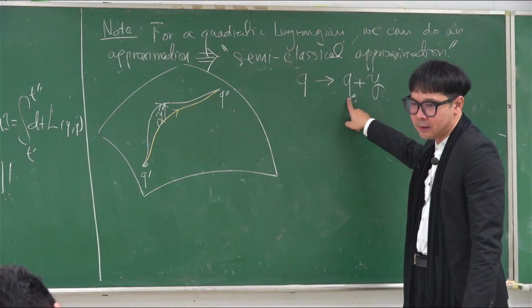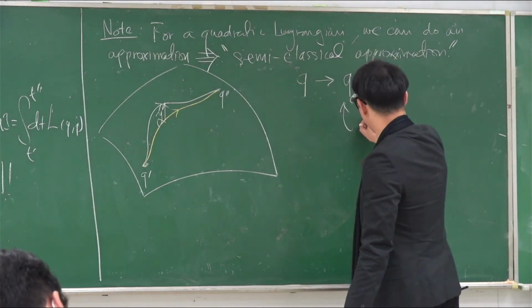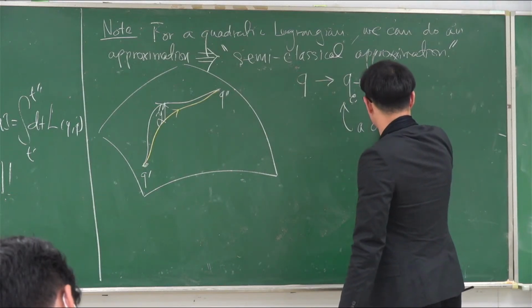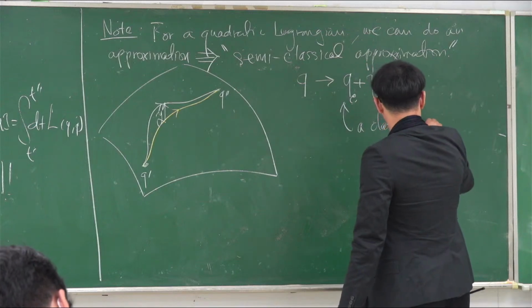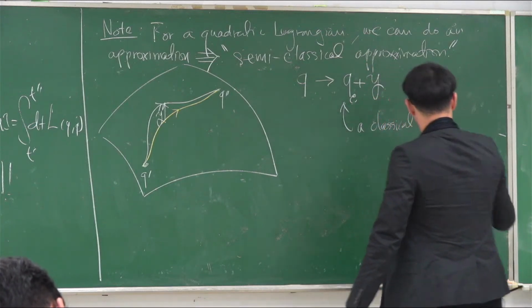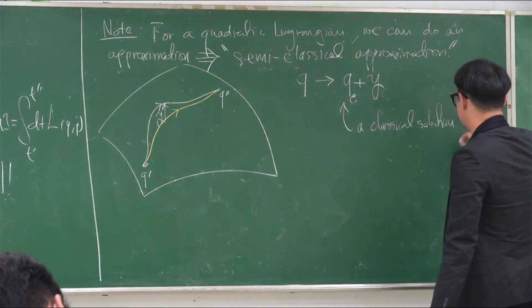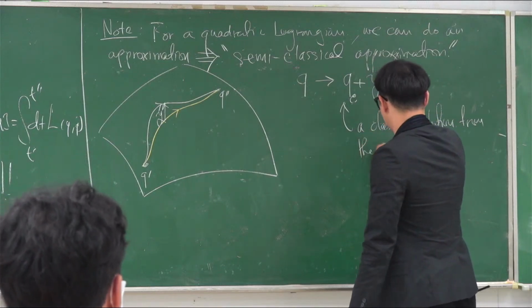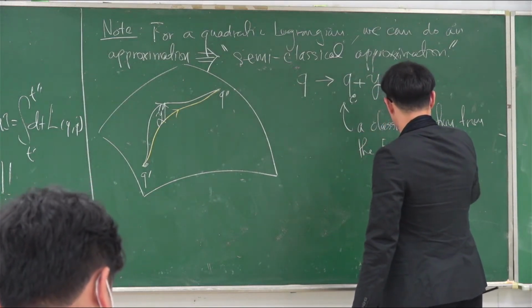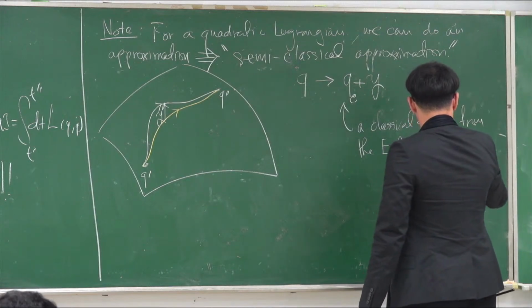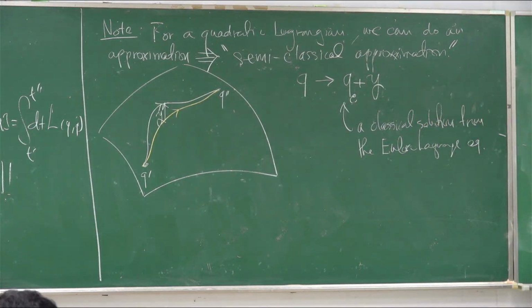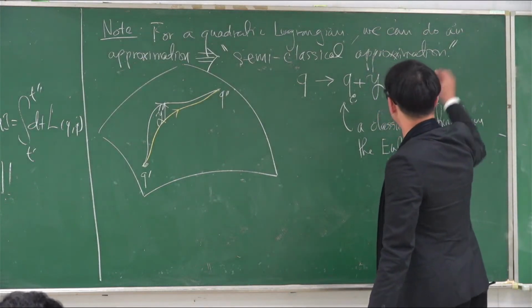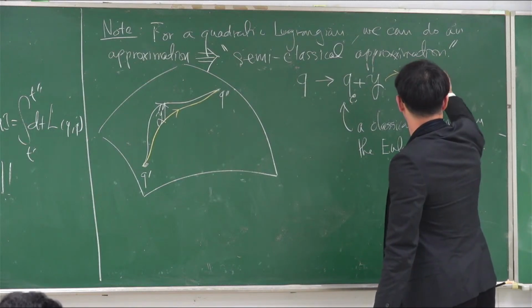This is a classical solution, and this bundle of nearby paths is called a bundle.